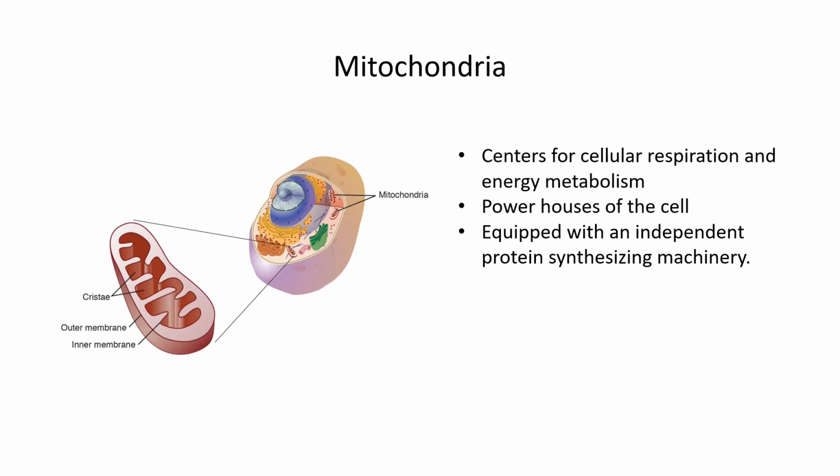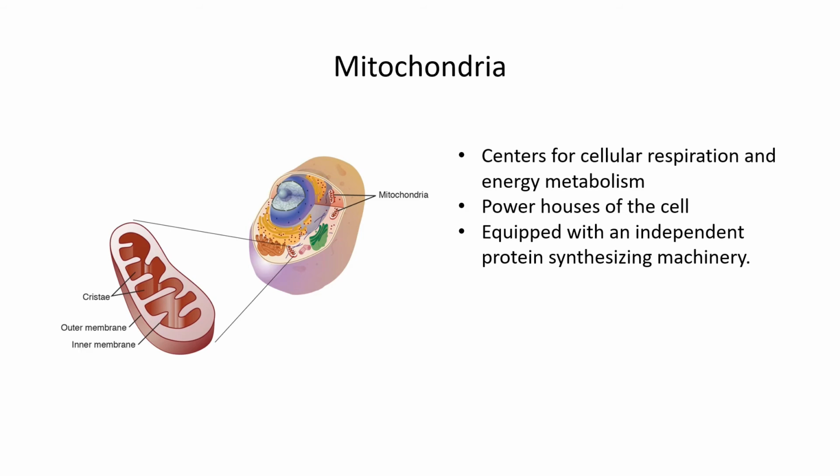The mitochondria are composed of a double membrane system. As we can see from here, we have an outer membrane and an inner membrane. The outer membrane is smooth and completely envelopes the organelle. The inner membrane is folded to form cristae, which occupy a larger surface area.